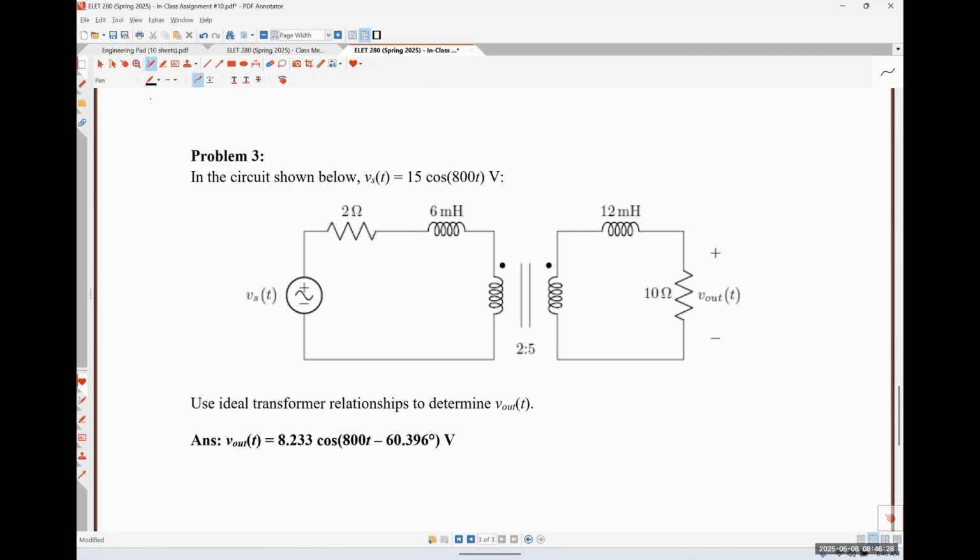So what would the phasor value of our source voltage be in this case? So our angle is 0. What's our magnitude? 15. So it's just 15 angle 0. What is our 6 millihenry inductor going to look like in this case?